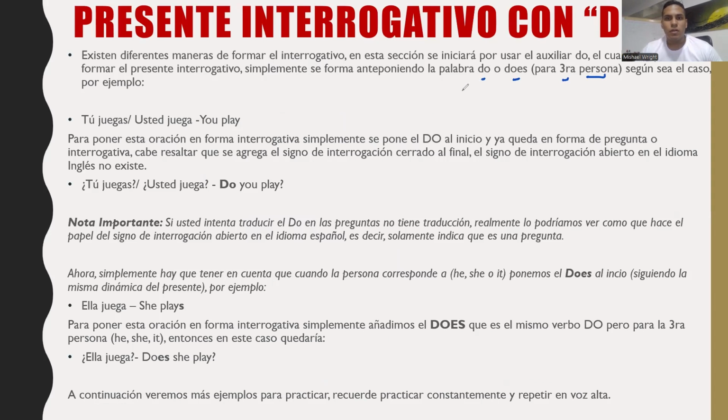But with do, we're going to use the other ones: I, you, we, they. And with does, as I told you, we're going to use he, she, and it. Okay, so let's see what's next.